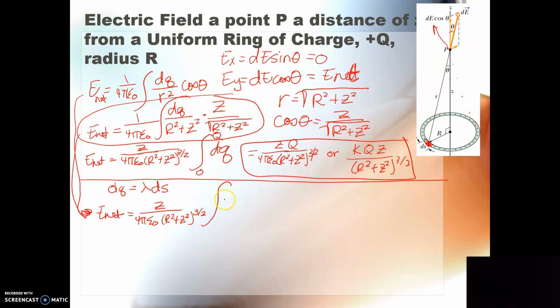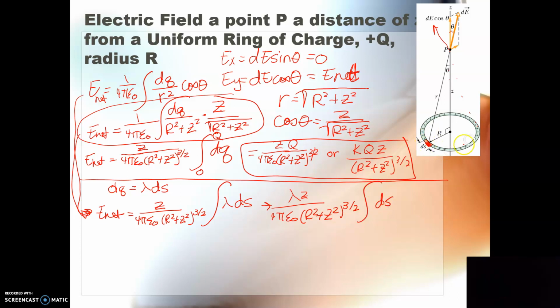Instead of our dq here, we're going to write in terms of lambda ds. So lambda, of course, is a constant. So let me rewrite that out there. So we've got lambda z over 4 pi e naught r squared plus z squared to the 3/2, and we're going to integrate ds.